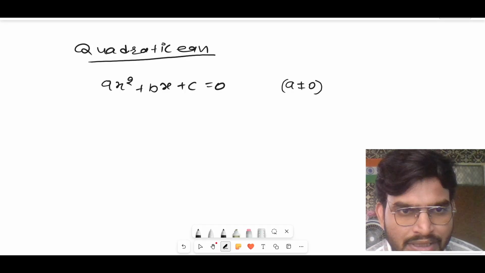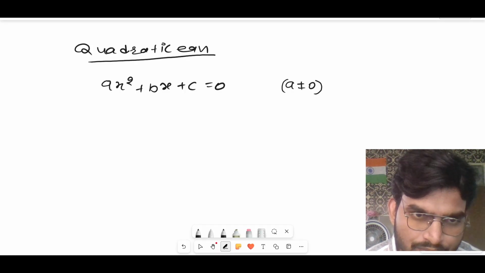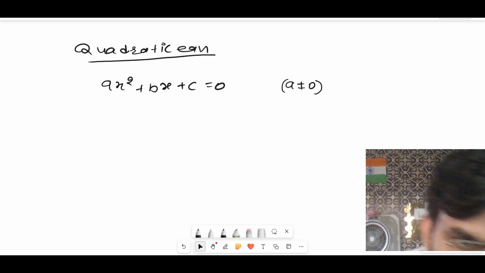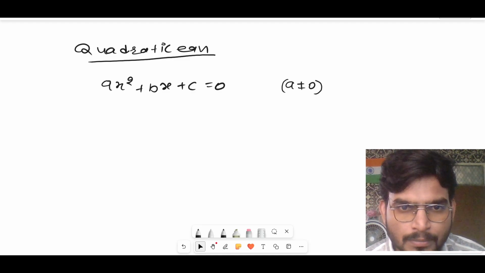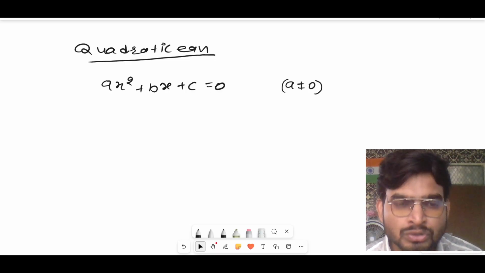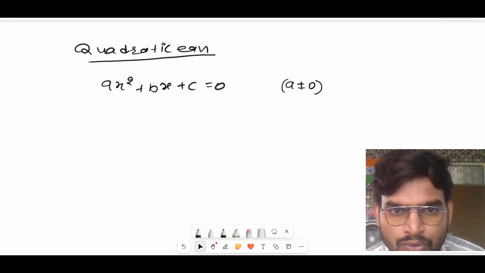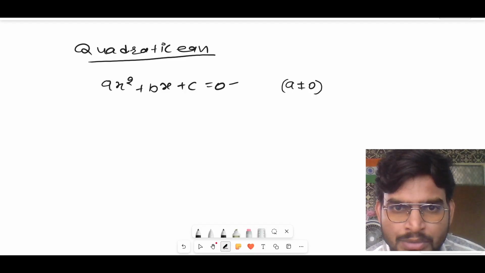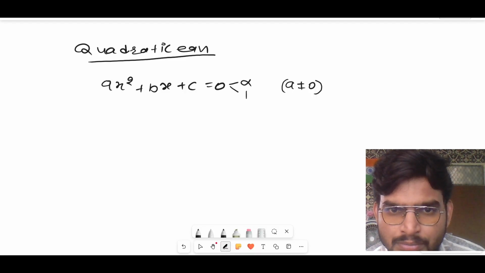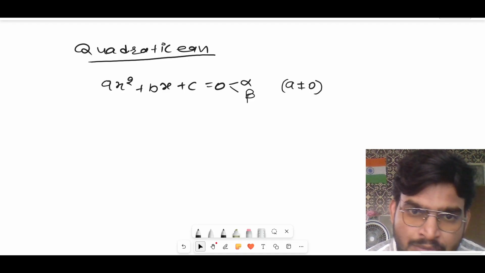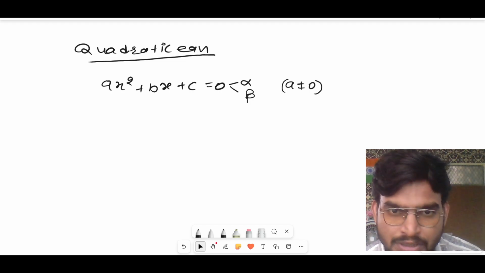So here we can clearly see the maximum power of the equation is 2. So we can say the roots of the equation will be 2. Roots means the values of x that will satisfy this equation. Suppose we are assuming the roots of the equation are alpha and beta. I already told you that roots means the values of x that will satisfy this equation.